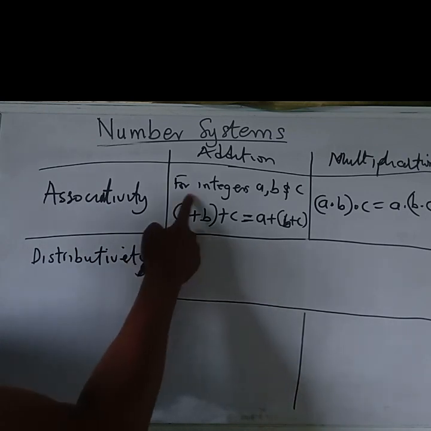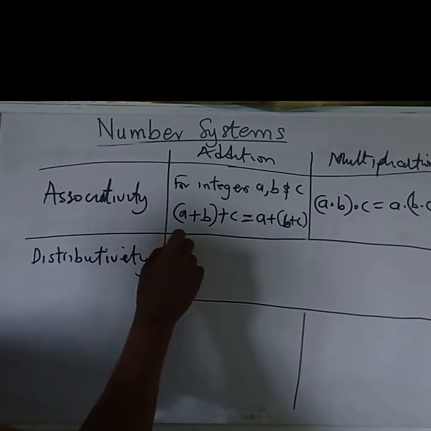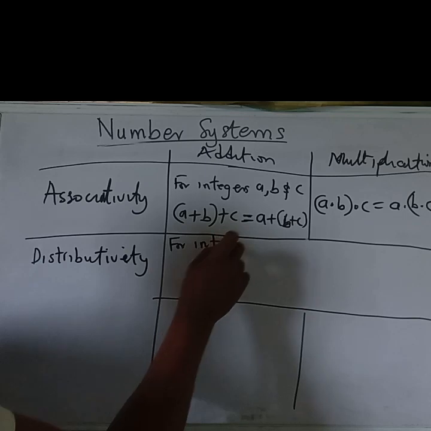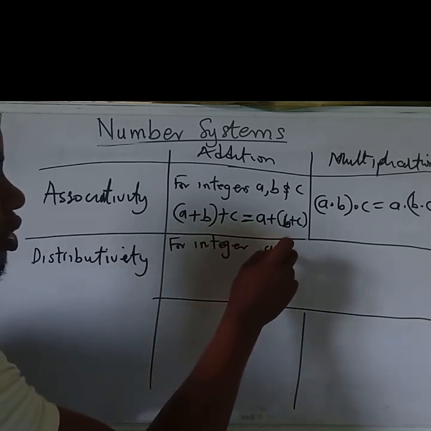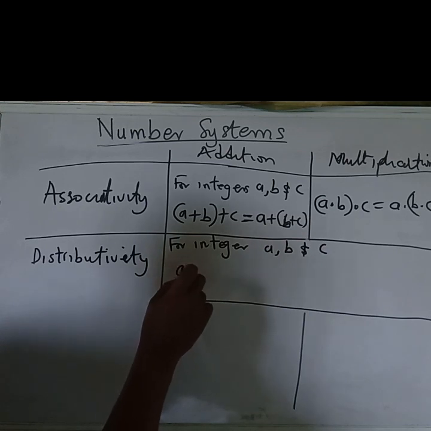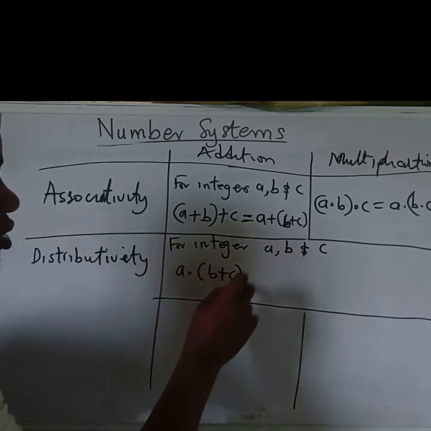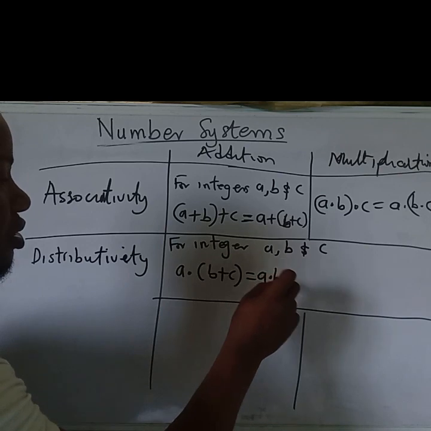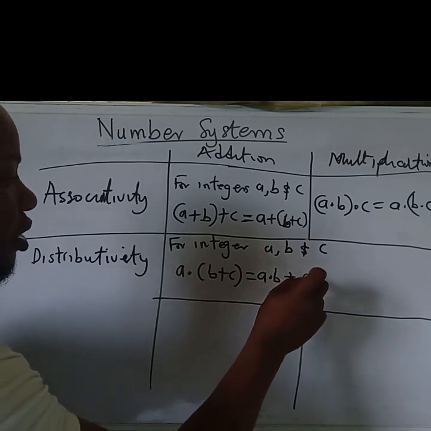If you have three integers a, b, and c, then a dot (b plus c) is the same thing as this.